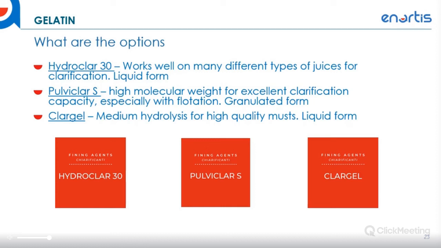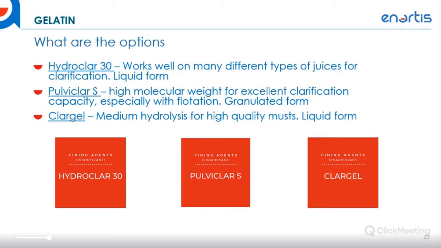The Hydrochlor 30 is one that has an average amount of hydrolyzation. What that means is that it works well in many different kinds of juices for clarification, also for removal of astringency. So if you're looking for one gelatin to use in many different kinds of juices, that's a good one to go with.